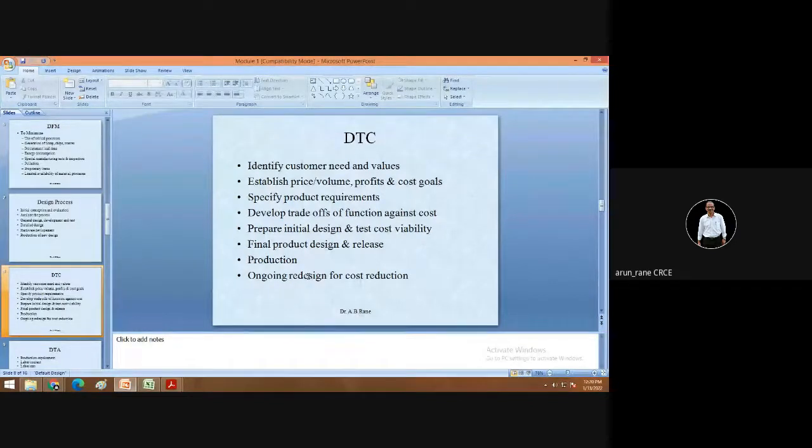So that is what is called the trade-off. Then initial design, final design, once it is then changes, and once everything is okay, then only you start with the production. And once it is in the production, then again you have to take the feedback. Right? And if possible you have to make the changes.